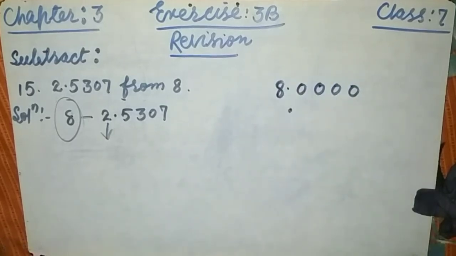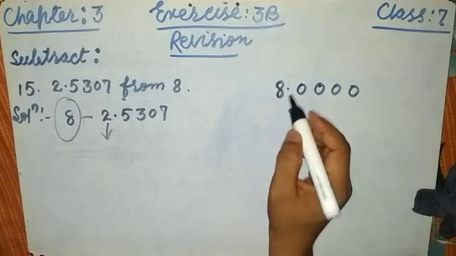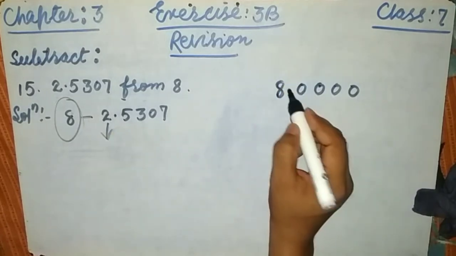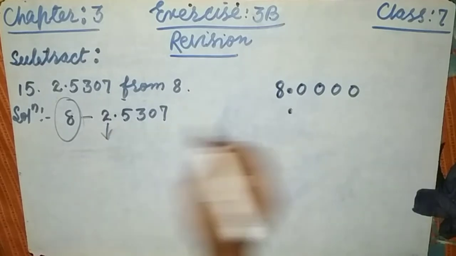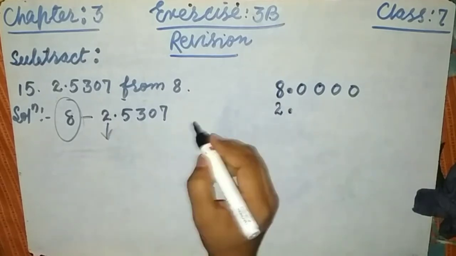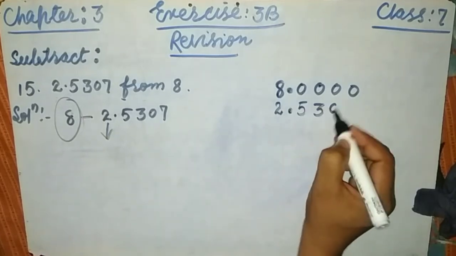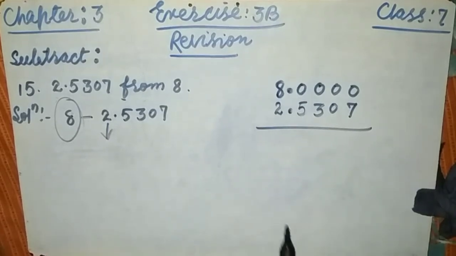While subtracting one decimal number from another, we have to make like fractions, like decimals. And the decimal point should be straight, point under point. Here is the 5307, remember friends, we have to place the digits in the same positions.